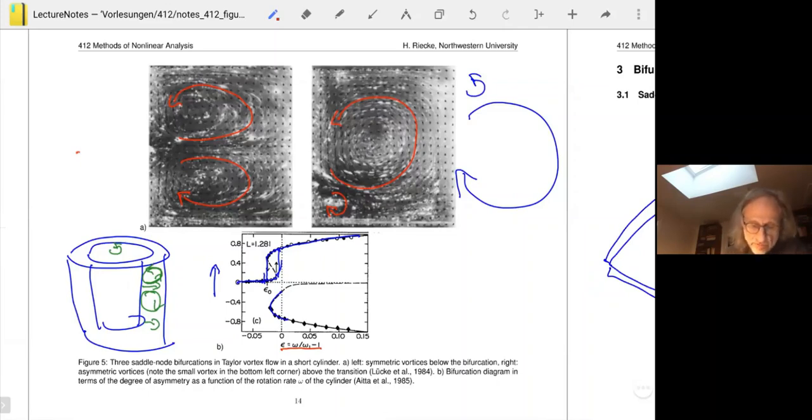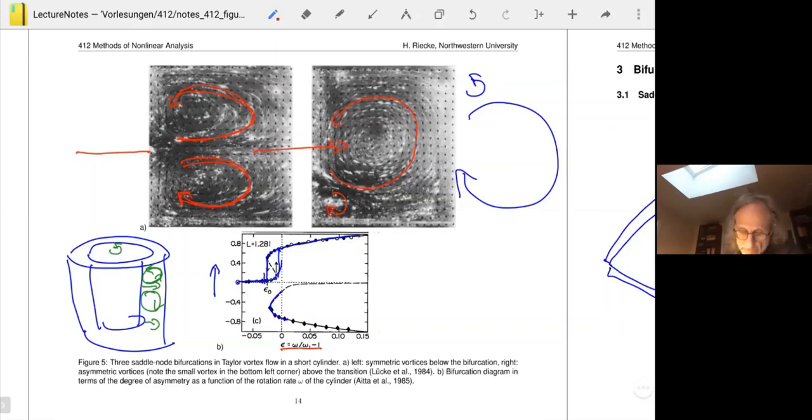And so this vortex should be the same size as this vortex. It should be really reflection symmetric. If that's the case, then what you would expect is that if you get a transition from the symmetric to the asymmetric case, that should be a pitchfork bifurcation, a symmetry breaking bifurcation.